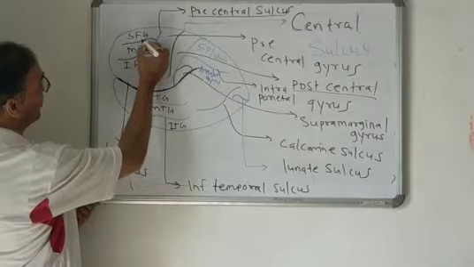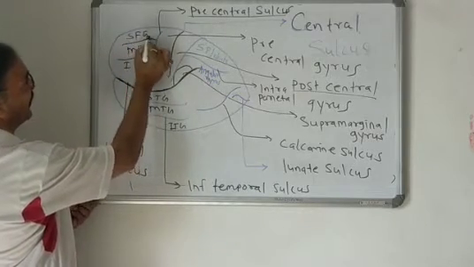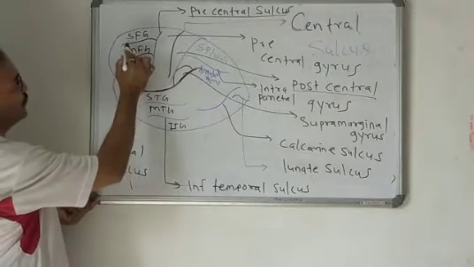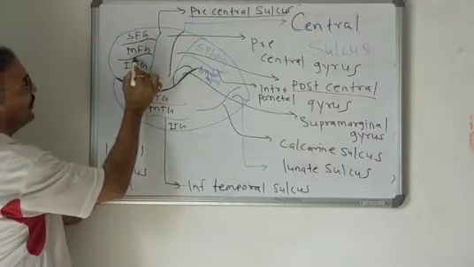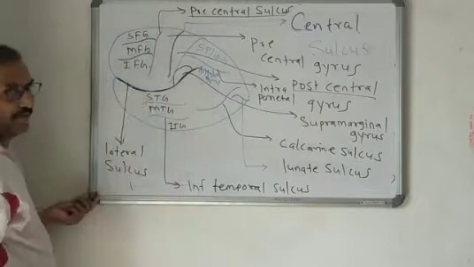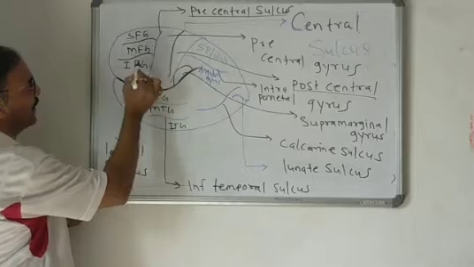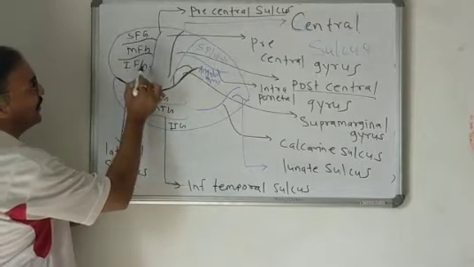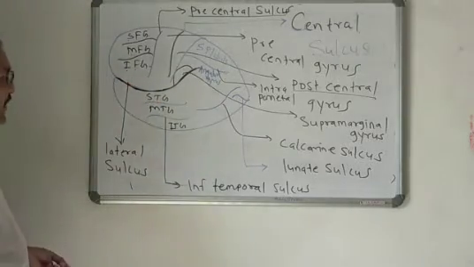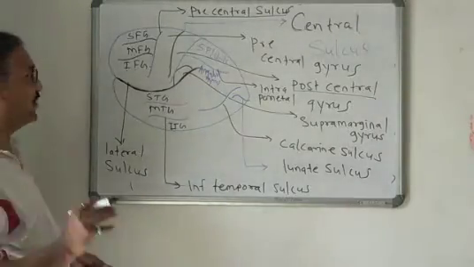Just above the superior frontal sulcus is the superior frontal gyrus. Between the superior and inferior frontal sulci is the middle frontal gyrus. Just below the inferior frontal sulcus is the inferior frontal gyrus. So these are the names given to the areas, and each area has special functions.